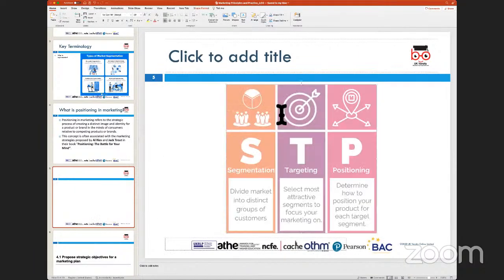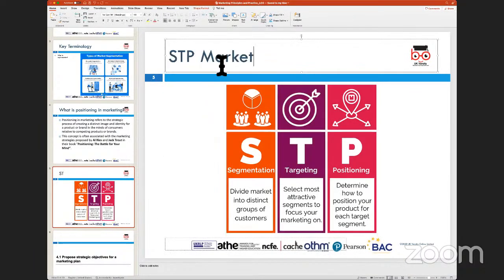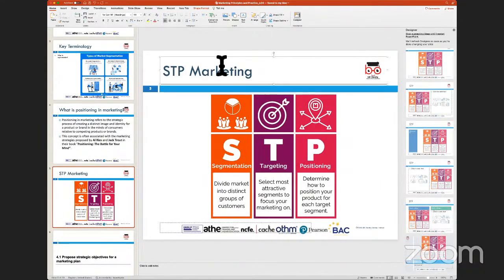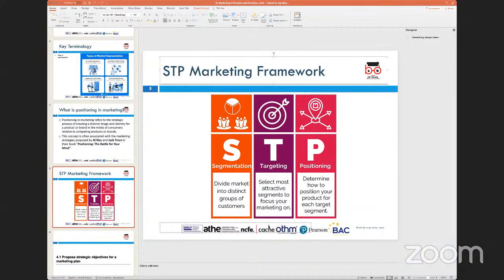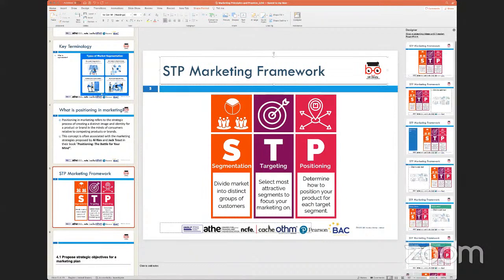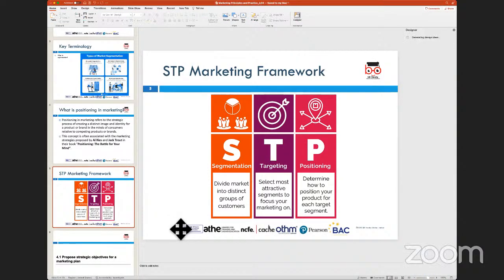When we talk about this STP marketing framework, I have a particular video which I will show you as well to explain it. This is an important framework in the process of marketing. Segmentation, targeting, and positioning are three areas that marketers have to first answer.